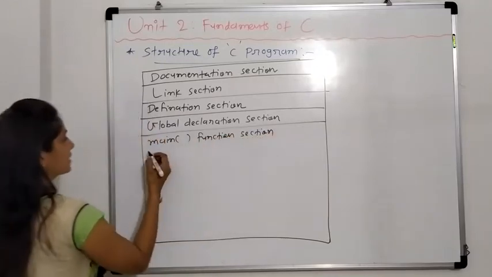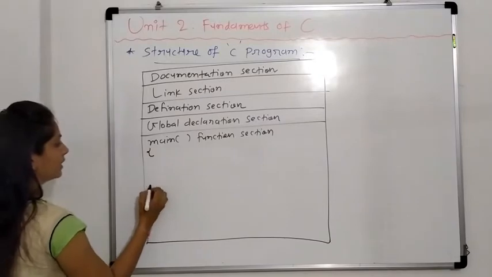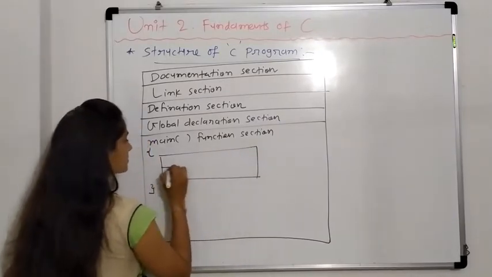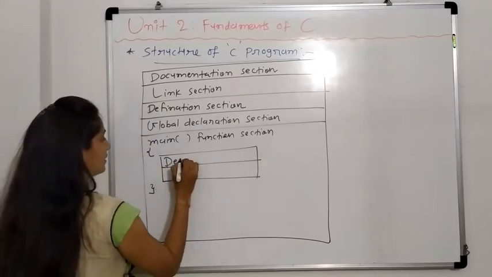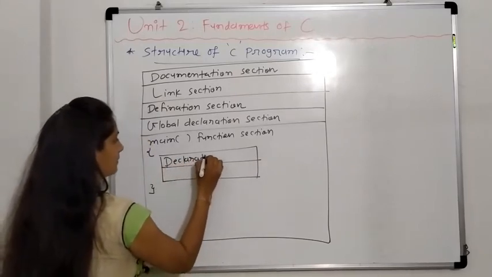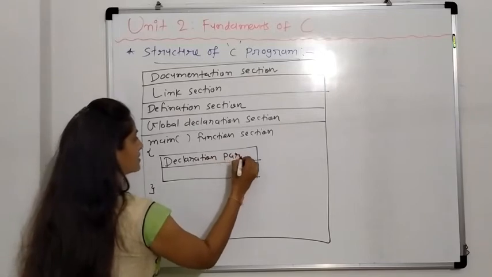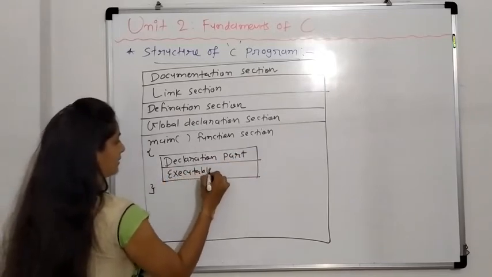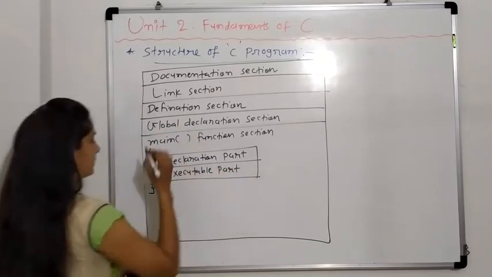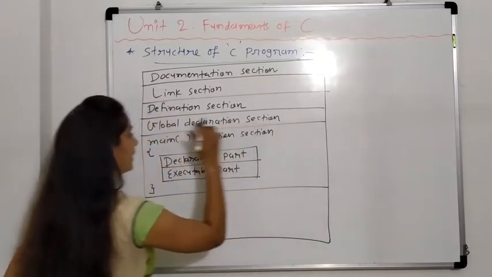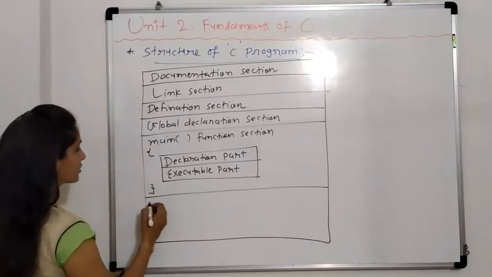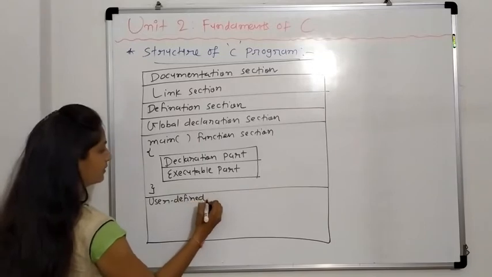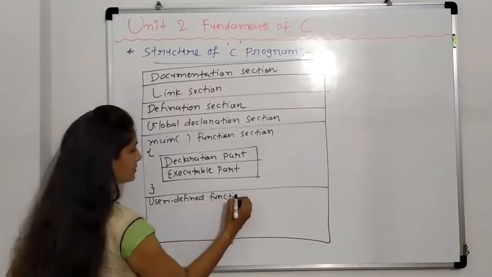In the main function section, there are two parts between curly brackets: first is always the declaration part, and second is always the executable part. This is our void main section, and the last section is the user defined function section.